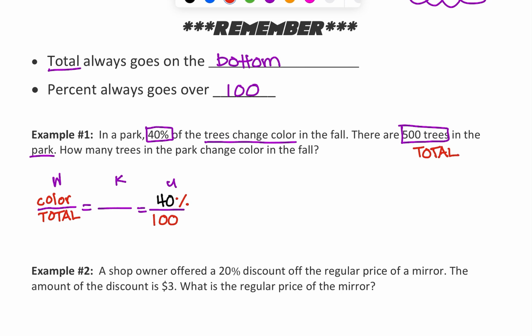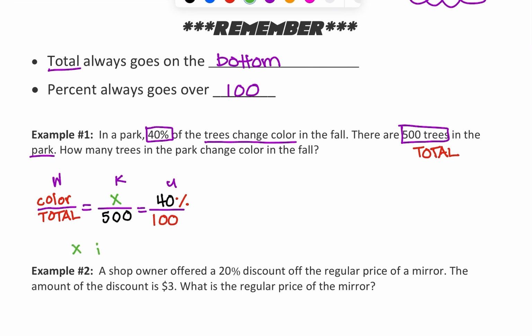So if 500 is my total, is it going to go on top with the color or bottom on the total? It's total, so it goes on the bottom. So 500 goes here. So now, in a proportion, we are always going to have a missing piece. Always, always, always. So what we are going to put for that missing piece is an X, okay?